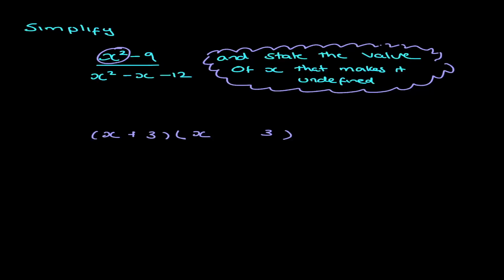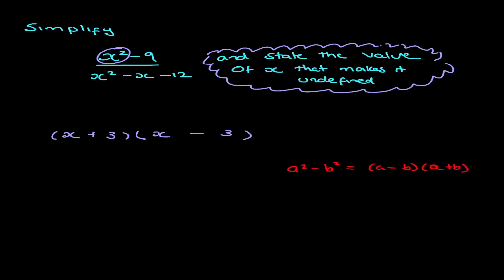And then you put plus minus here. So the rule for this is a squared take b squared can be simplified to a take b, a plus b. So we're basically using that, because we've got two square numbers, we could square root them.